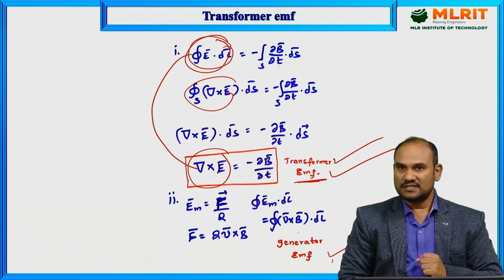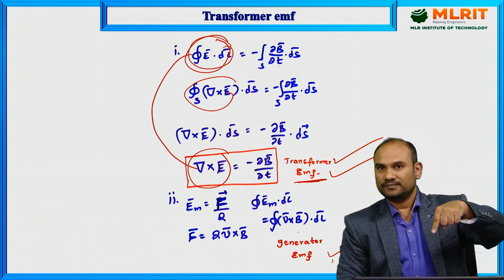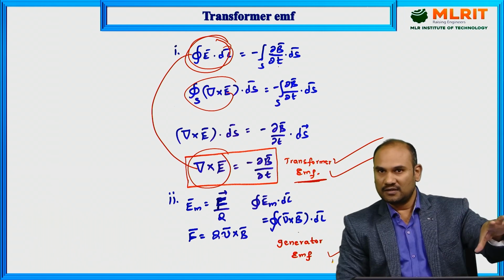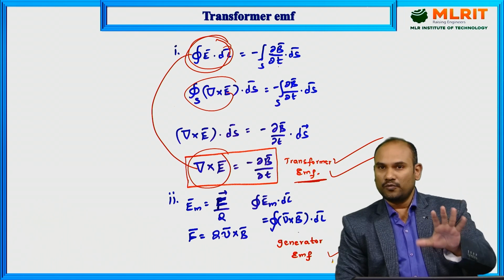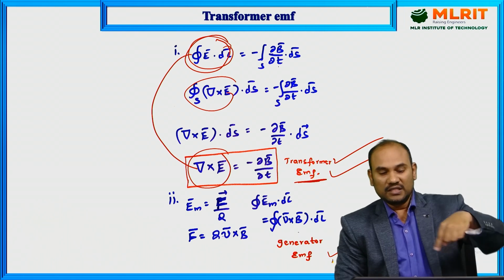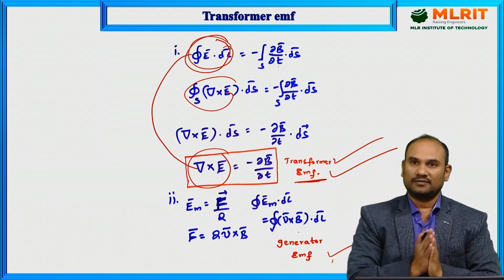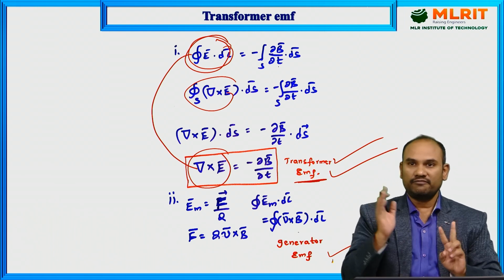What Faraday says is that either the conductor has to move in the presence of a magnetic field, in which case the magnetic field can be static, or, if the conductor is static, then the magnetic field should be time varying. If both are moving, it's okay, fine. If the magnetic field is varying with time and the conductor is also moving, that is fantastic.